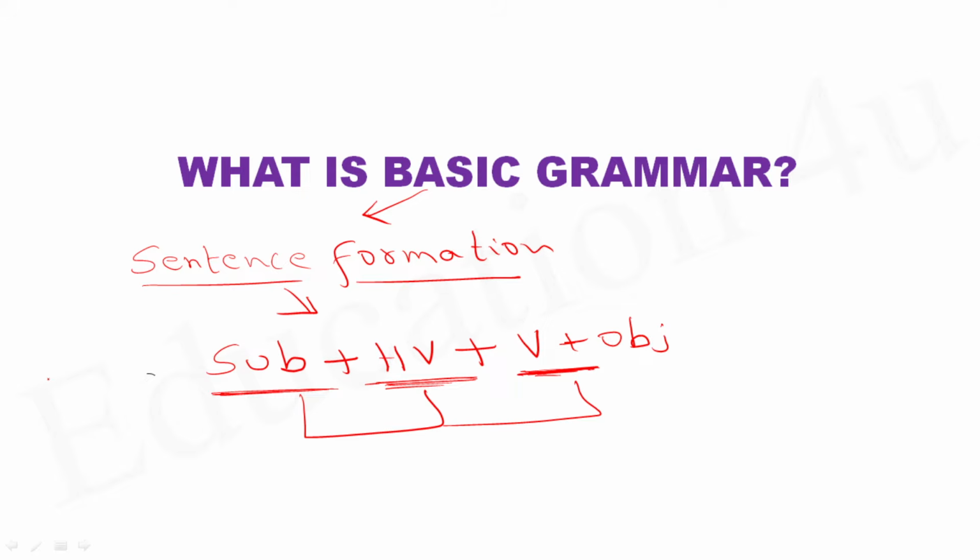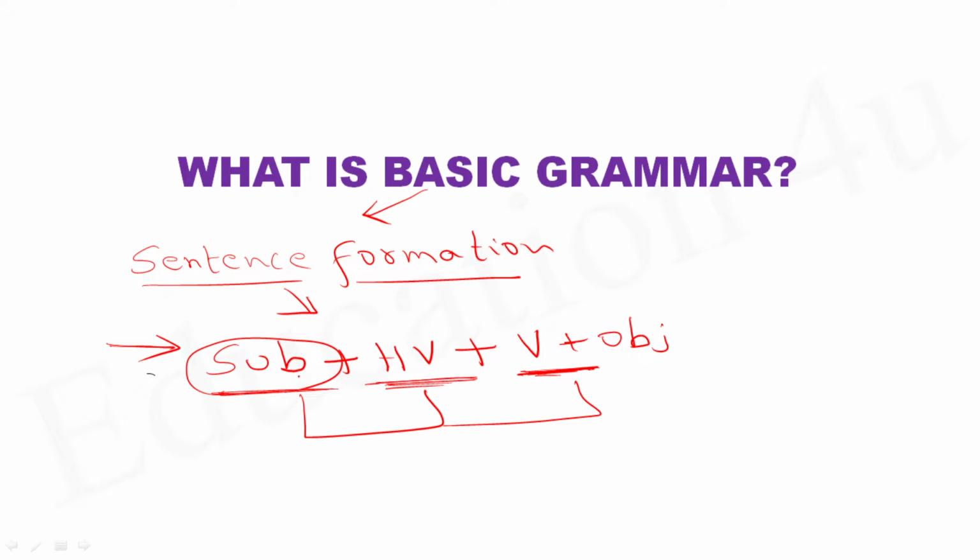Now fundamentally, what is subject? The major element in a sentence about whom we are talking or about what we are talking is known as subject, correct? That is okay.